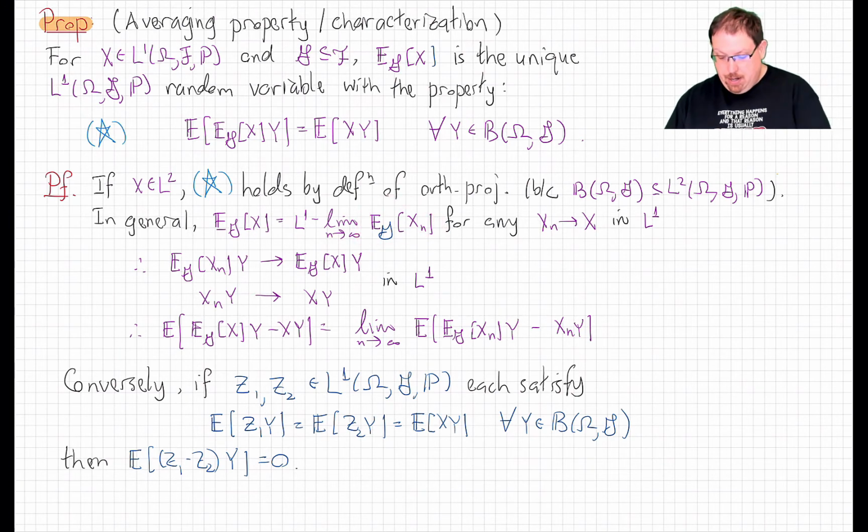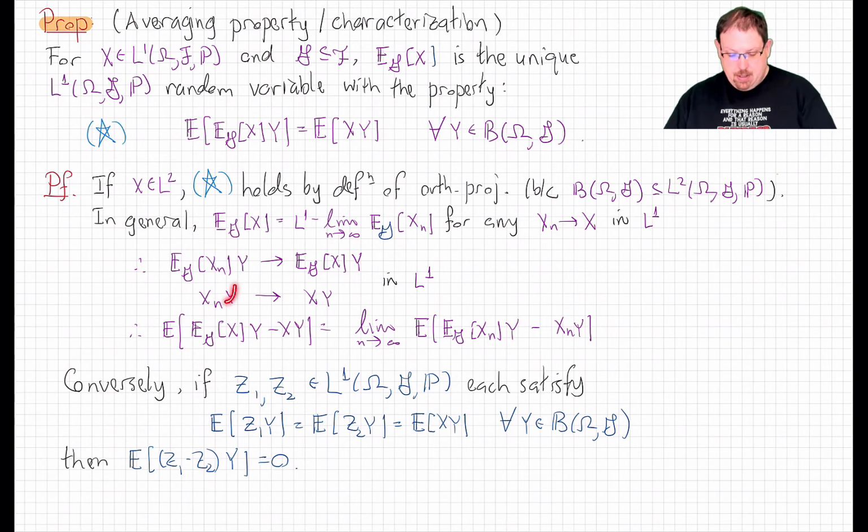In general, the definition of this conditional expectation is an L1 limit of conditional expectations of a limiting sequence of L2 random variables that converges to x in L1, and so we just need to compute a limiting commutative diagram. Since xn converges to x in L1 and y is bounded, xn times y will converge to xy in L1. Similarly, by definition of conditional expectation in this L1 context, the conditional expectation of xn given g converges to the conditional expectation of x given g in L1, and so for the same reason we get this convergence here in L1, again because y is bounded.